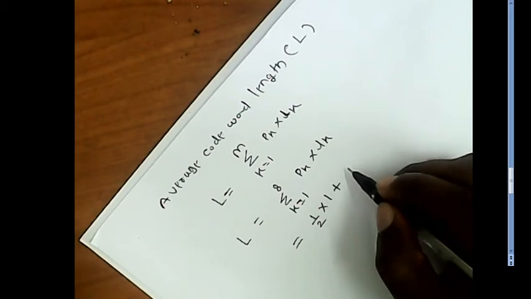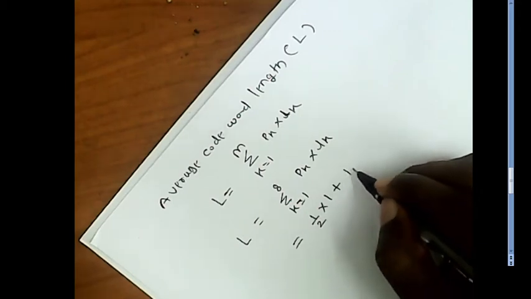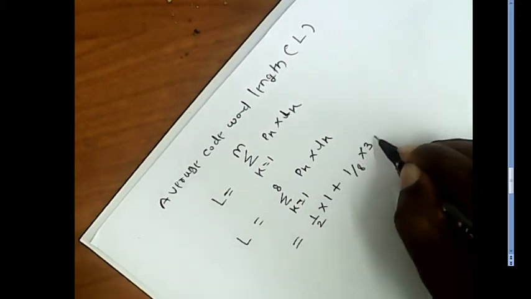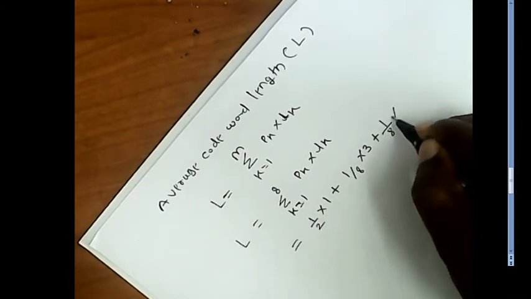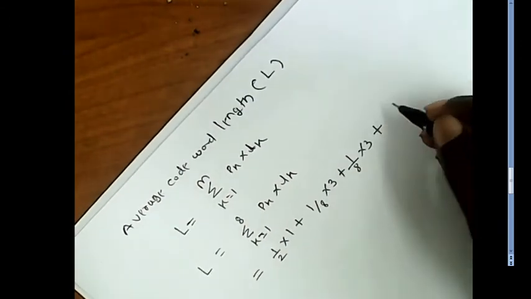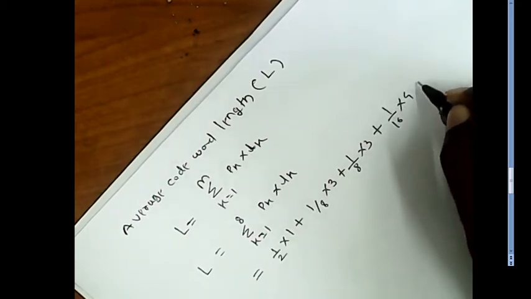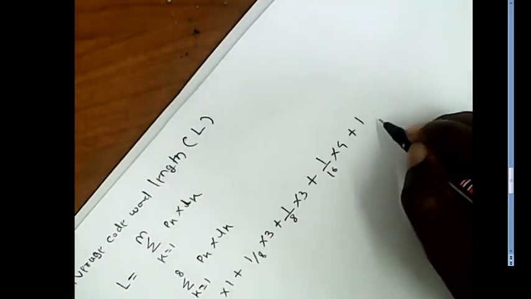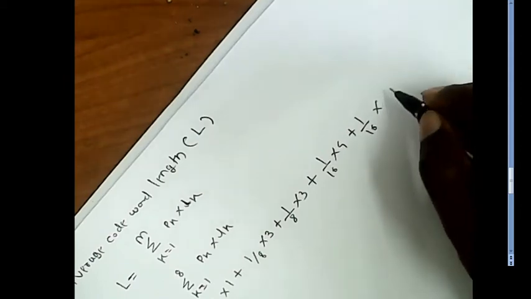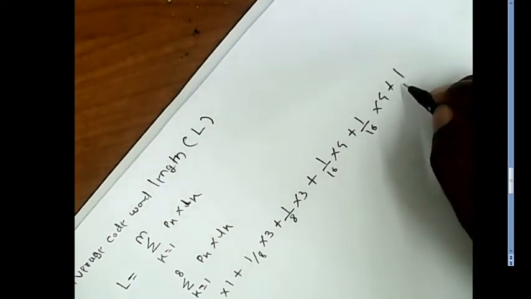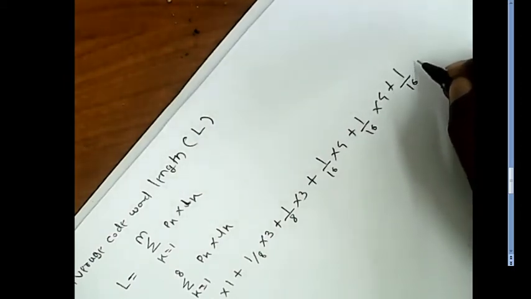Then probability 1/8 into 3, 1/8 into 3, then 1/16 into 4, 1/16 into 4, 1/16 into 4. These are three times.